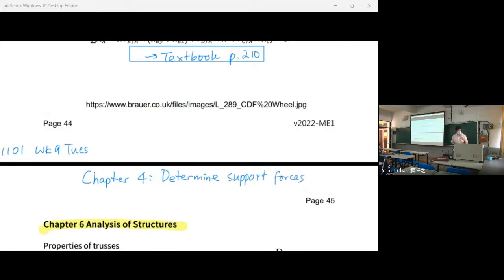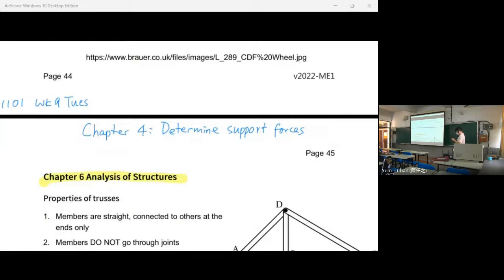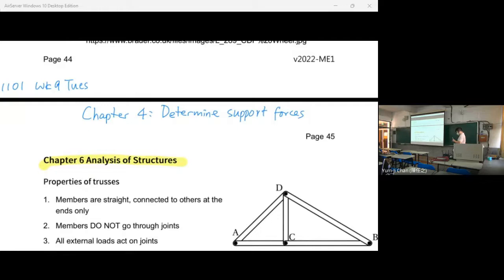And now in chapter 6, we will work on determining internal forces in structures.